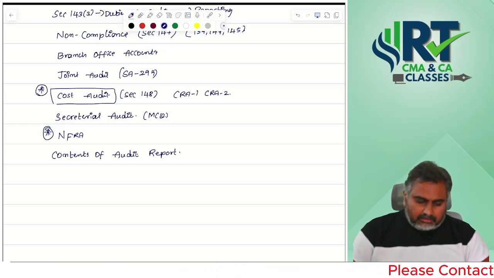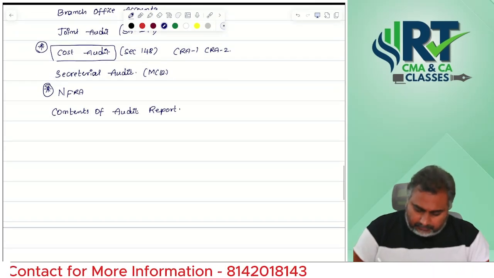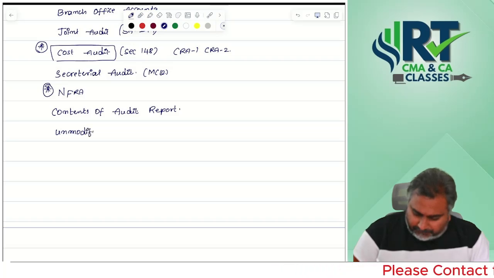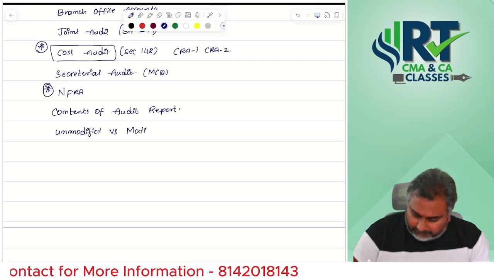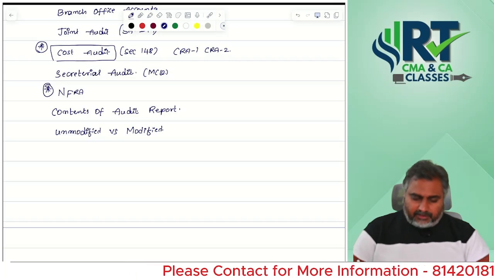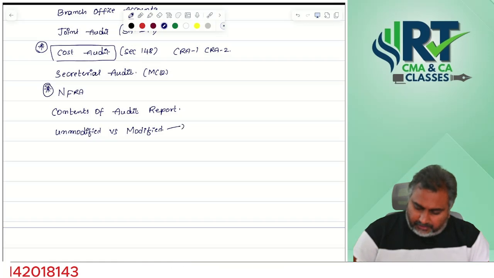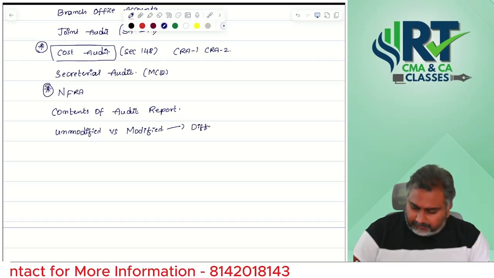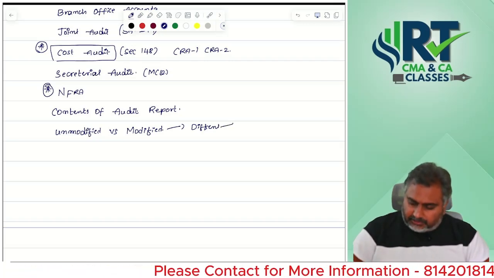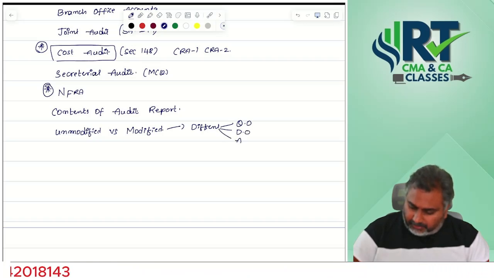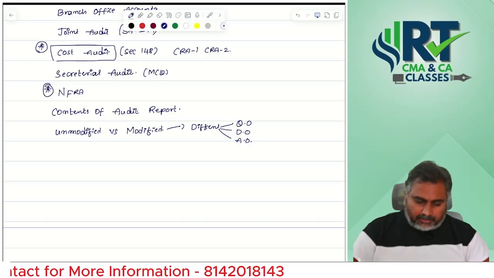If you go with the next levels related to that, unmodified versus modified also. Under modified you have different types, so try to focus on those also: qualified opinion, disclaimer of opinion, adverse opinion. These are all parts to focus on.